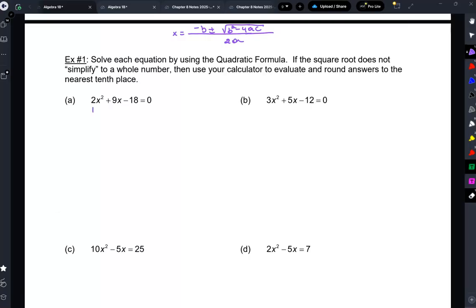What's a? 2. b is 9. And what's c? Negative 18. Okay, so we say x equals, and the fraction bar.